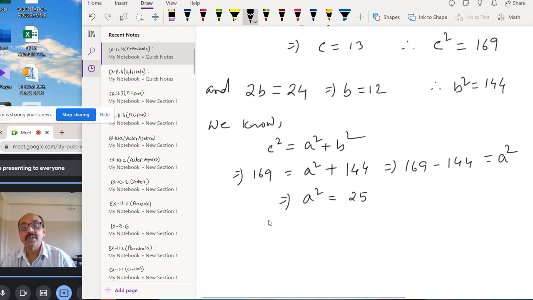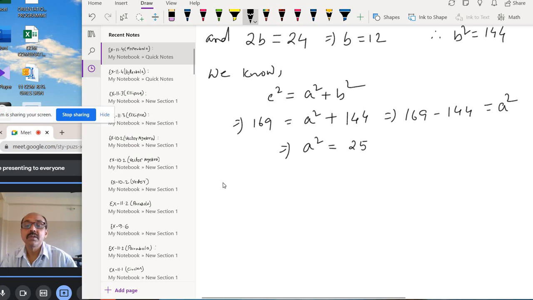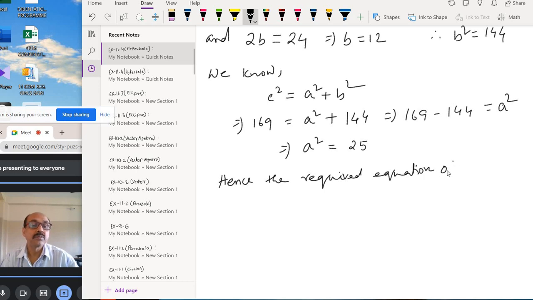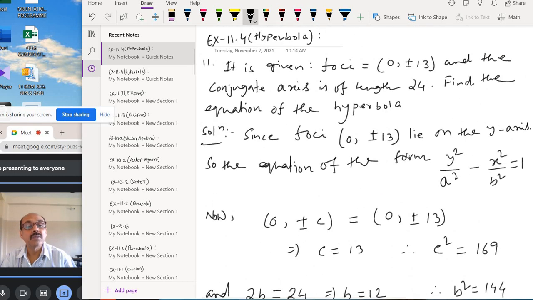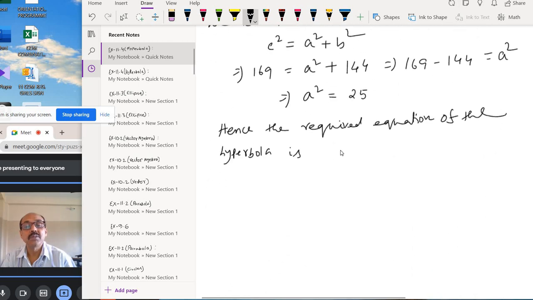Hence the required equation of the hyperbola is, this is second type, that is y square by a square minus x square by b square.